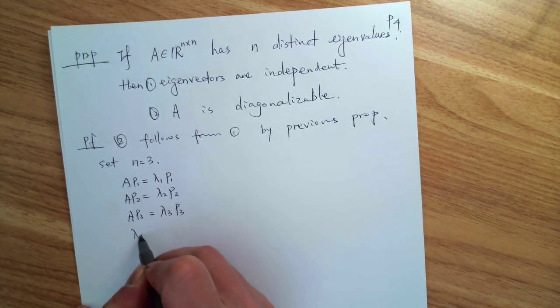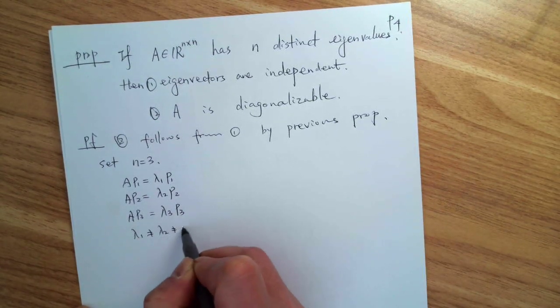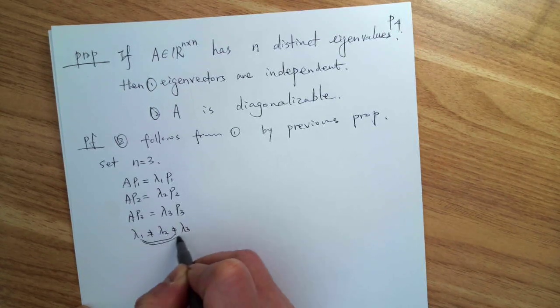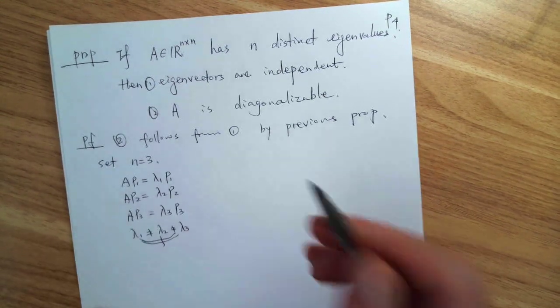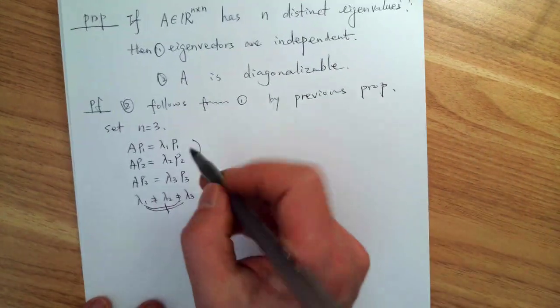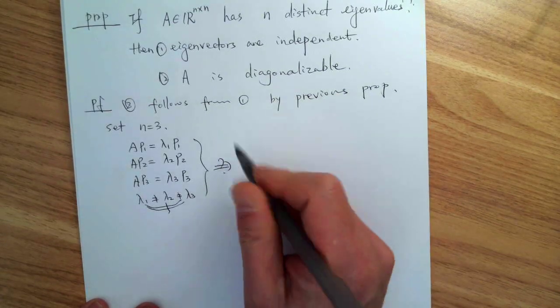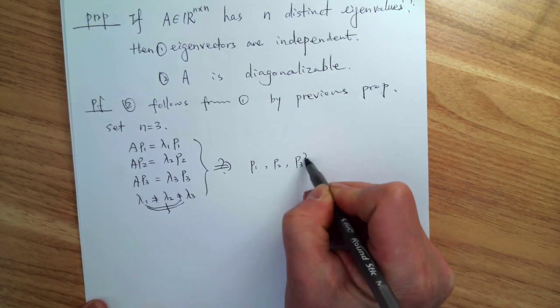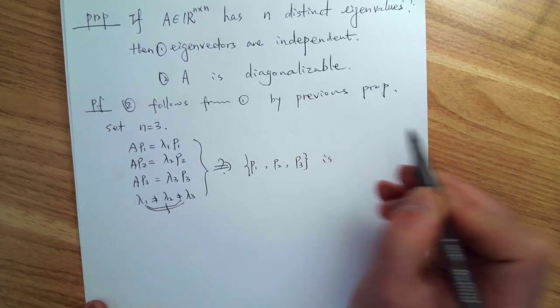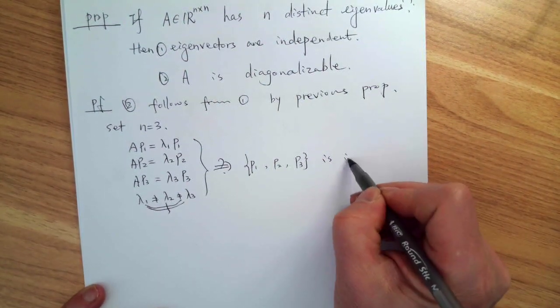And we also have lambda 1 is not equal to lambda 2, lambda 2 is not equal to lambda 3, and lambda 1 and lambda 3 are not equal to each other. From here, what I want is P1, P2, P3 independent.